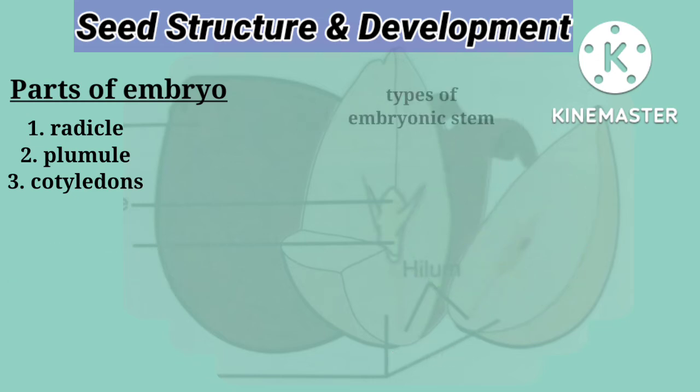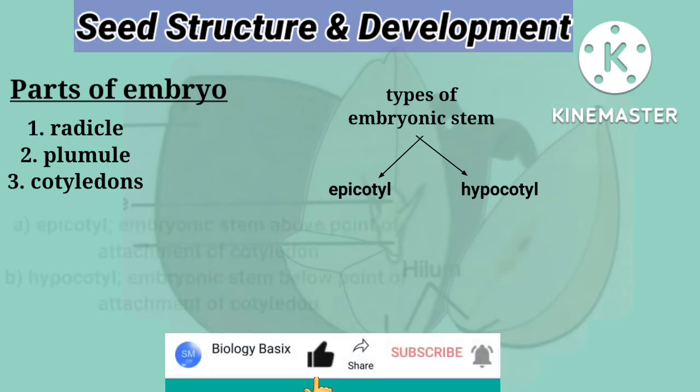Then the embryonic stem. As we know that every plant has a stem, similarly its embryo also has a stem, and this stem is termed the embryonic stem. The embryonic stem is of two types, the epicotyl and the hypocotyl. Now, what is the epicotyl?